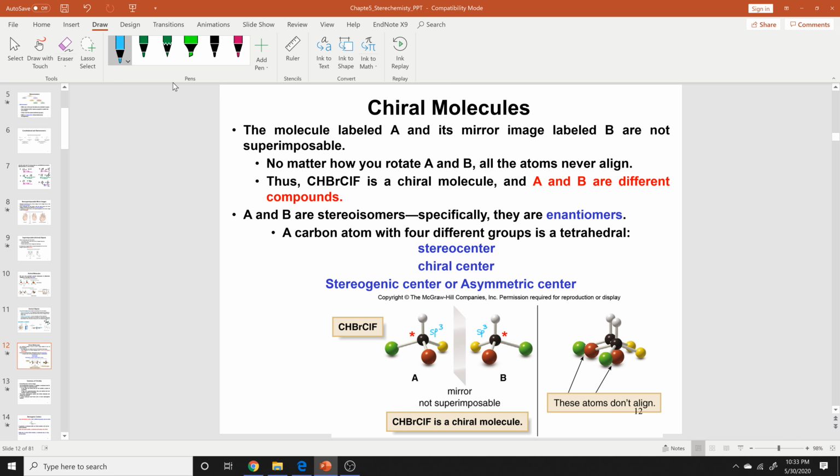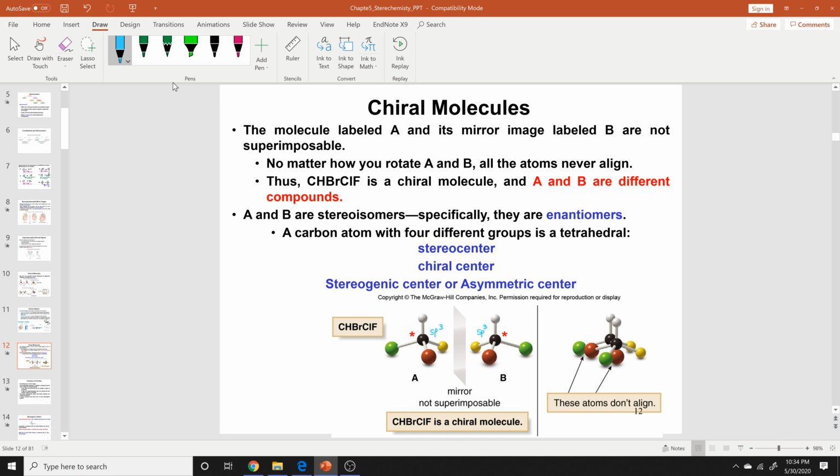The mirror image can never ever align with the molecule. So we say that the molecule and its image are non-superimposable, and we say that the compound is a chiral compound. So a chiral compound is a compound that has a chiral center and it has a mirror image.